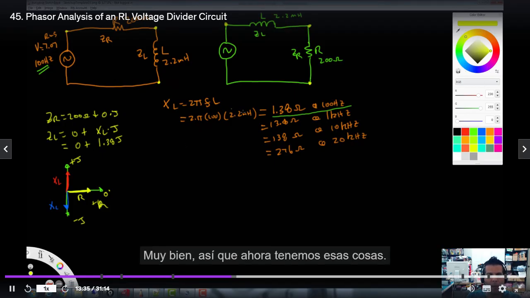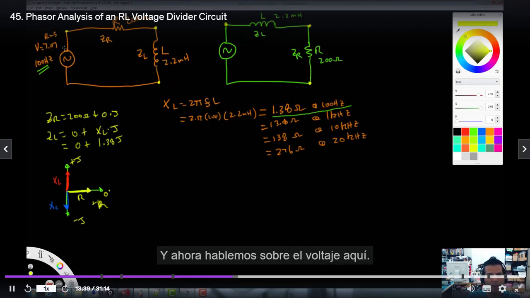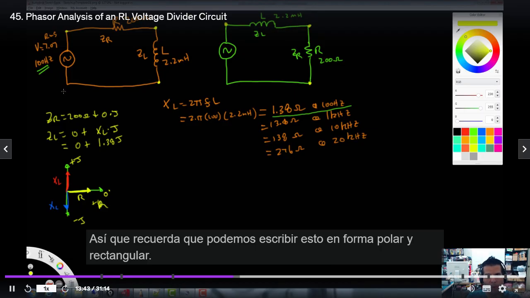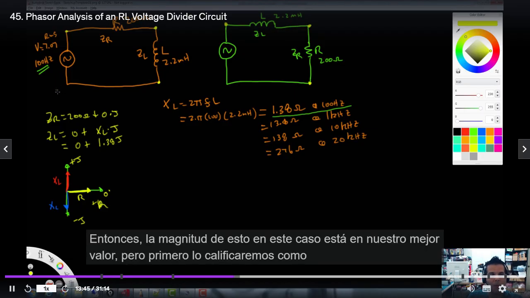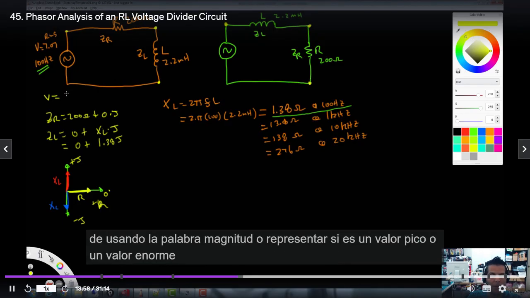All right, so now we have those things, and so now let's talk about the voltage here. So remember, we can write this in both polar and rectangular form. The magnitude of it, in this case, is an RMS value, but we're going to first write it as a phasor. We're not using the word magnitude to represent if it's a peak value or an RMS value.